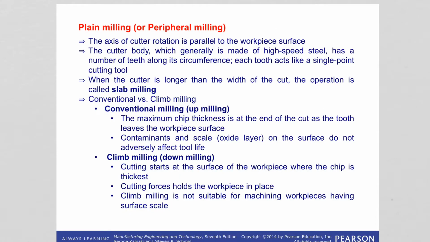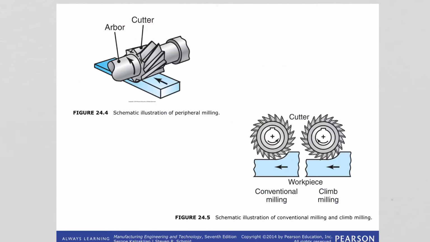In peripheral milling, also called plane milling, the surface is generated by teeth located on the periphery of the cutter body, and you can see this in this image. And the surface is parallel to the axis of rotation of the cutter.